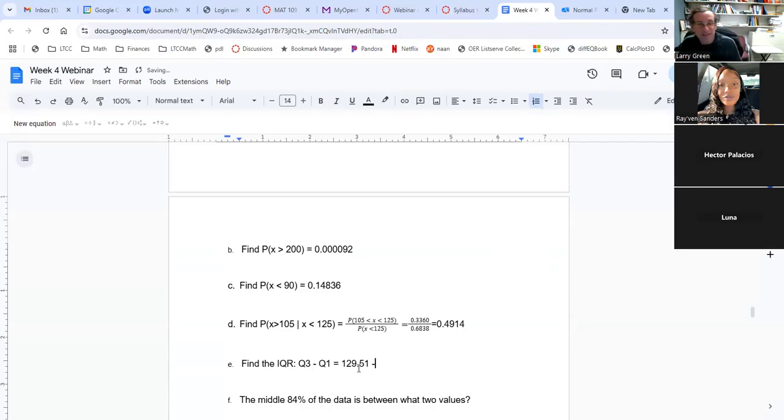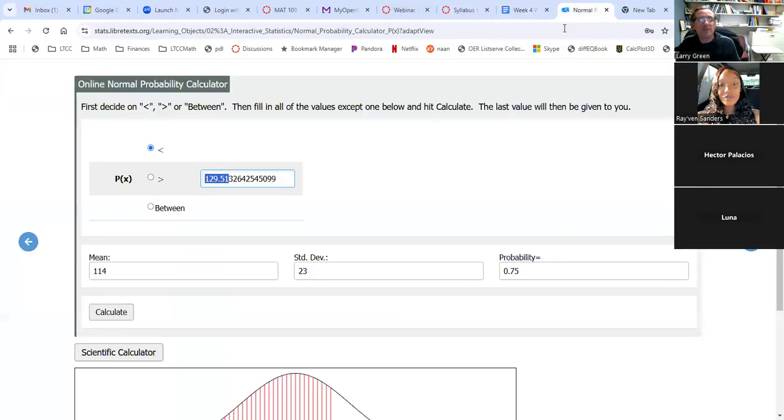And then minus, and that's the same idea, but Q1 means the probability of being less than something is 0.25, 25%. So now, instead of 75%, it's 25% or 0.25. And let's leave that blank, hit calculate, and I get 98.4867 or so.